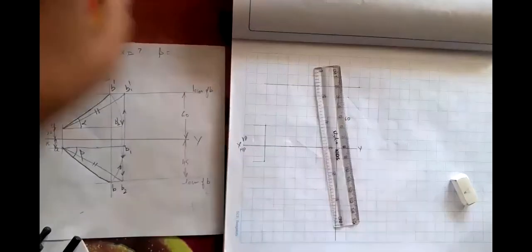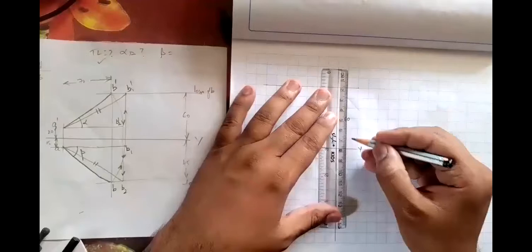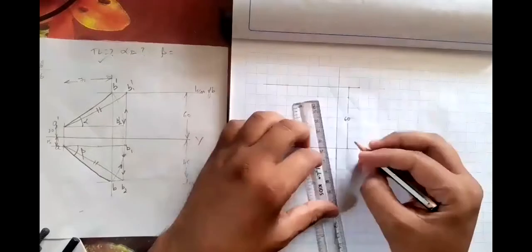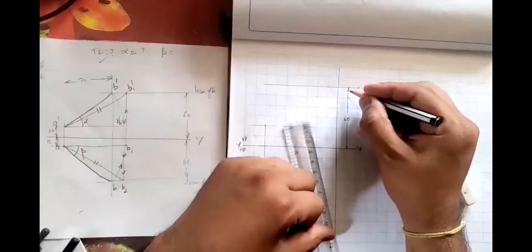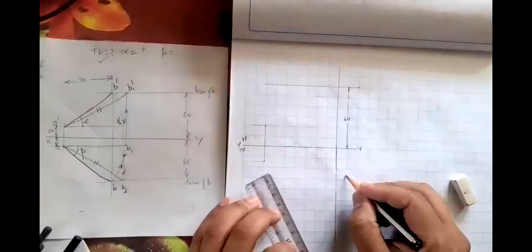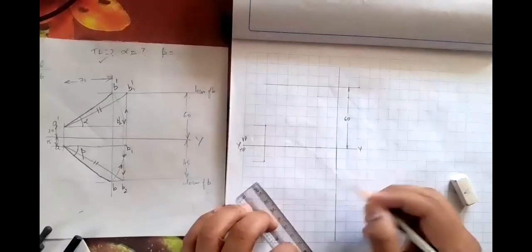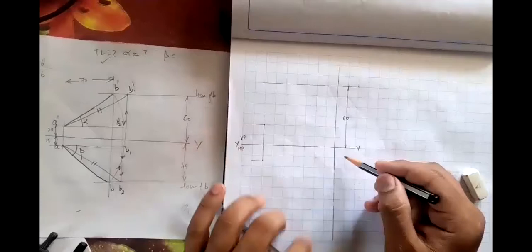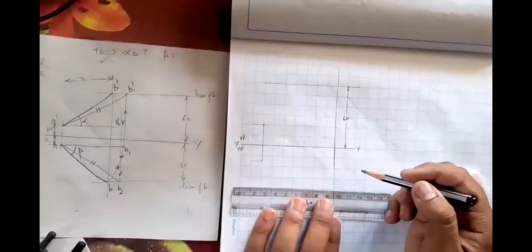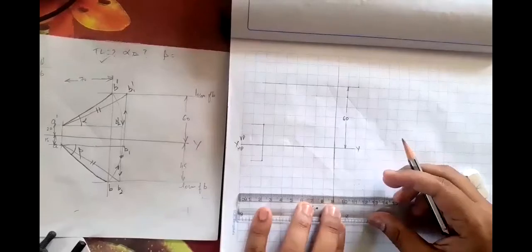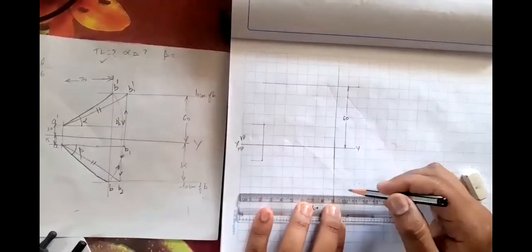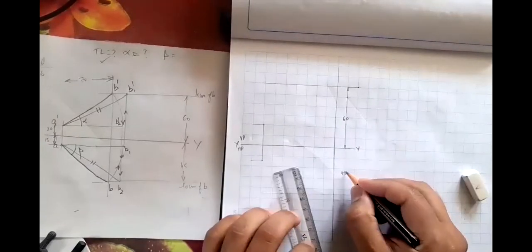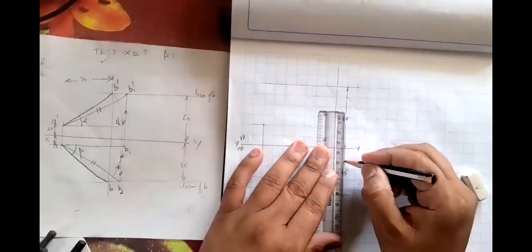And 60 mm, I'm going to dimension here. 45. 10, 20, 30, 40, 45. Draw dimensions on the printed line so that it looks neat.